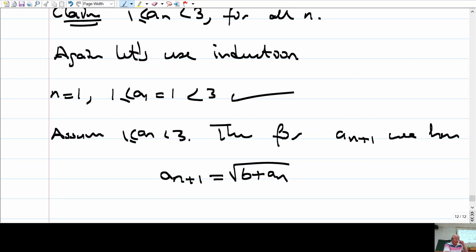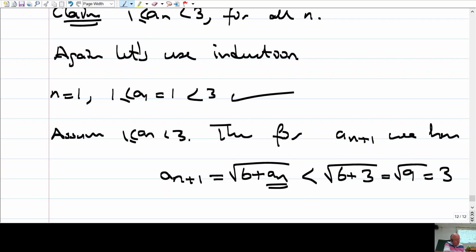Well, this an is less than 3, so this is less than the square root of 6 plus 3, which is the square root of 9, which is 3.